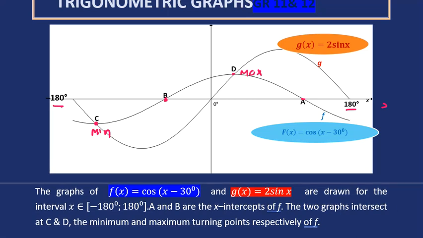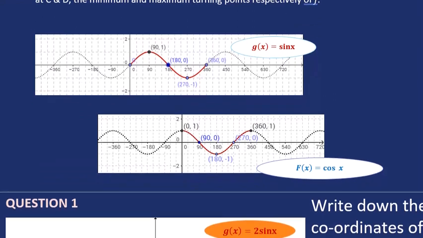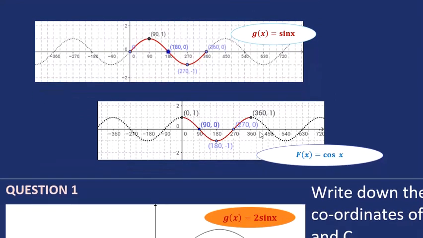So let's go to the questions, but before we do, let's just do a little recap of our grade 10 work. We know that the normal sine function would start at 0, and the next point would be at 90, and then at 180, and then at 270, and will complete its cycle at 360.